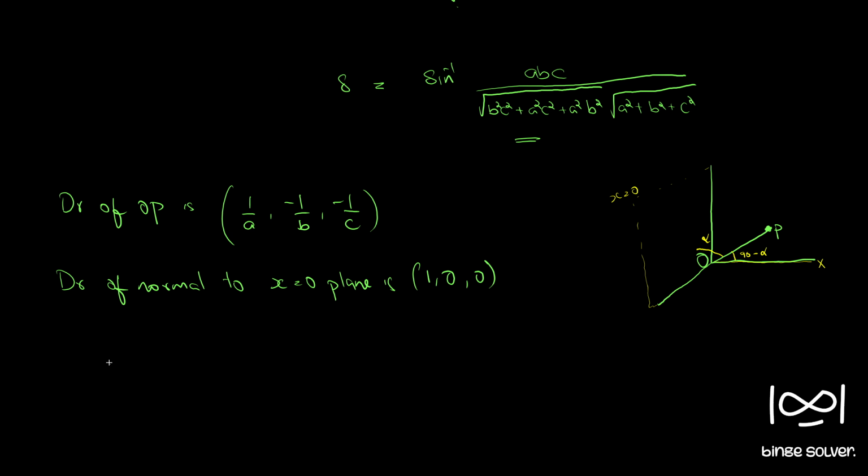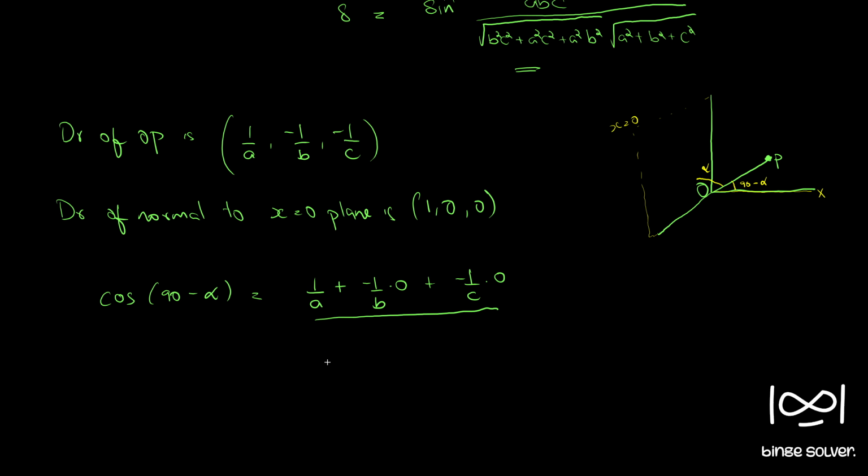So cos of the angle between these two, cos of 90 minus alpha, is equal to 1 by a into 1, plus minus 1 by b into 0, plus minus 1 by c into 0, divided by root of 1 by a square plus 1 by b square plus 1 by c square, into root of 1 square plus 0, 0.